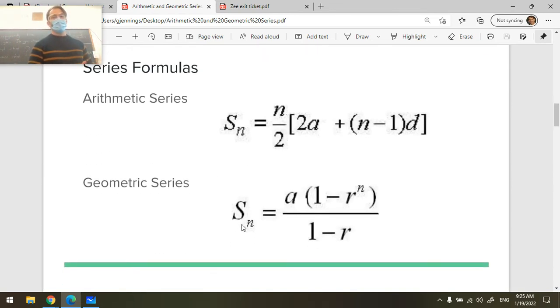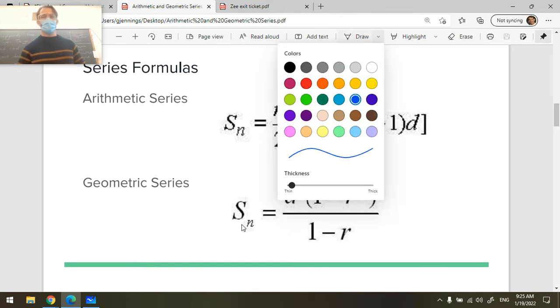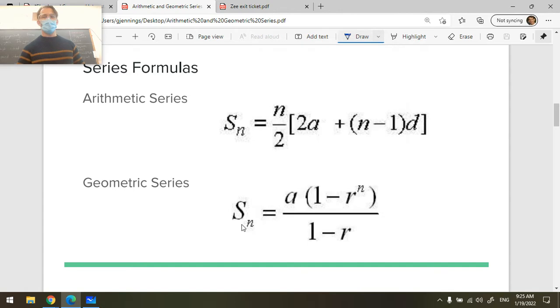So let's take a look. If the sequence is arithmetic, we'll notice here that we have a lot of old friends, and they're showing up in a new way. N is the number of terms, so we write that there, and we write down the series this way. The sum of a series and the number of terms there is equal to here. N is the number of terms.